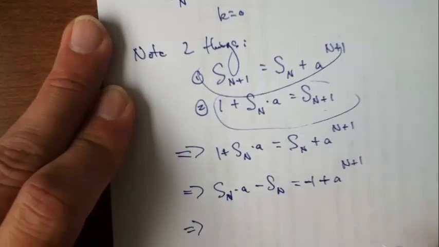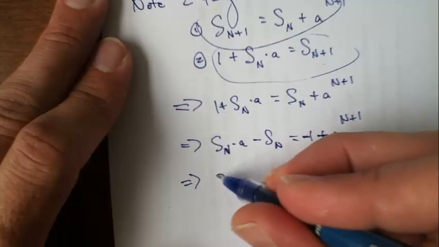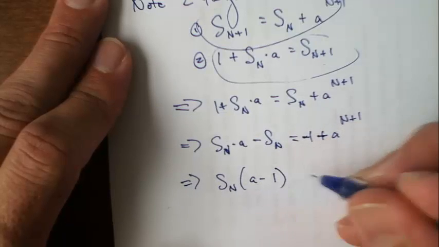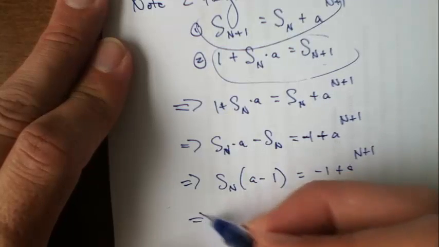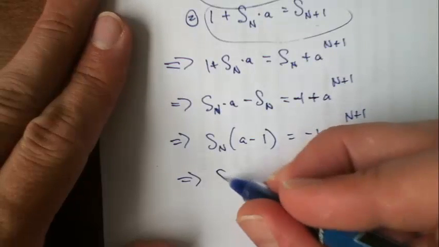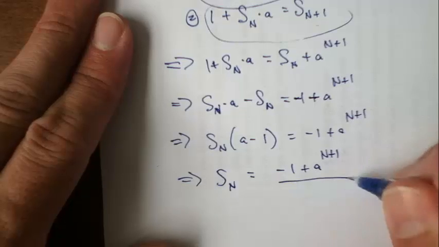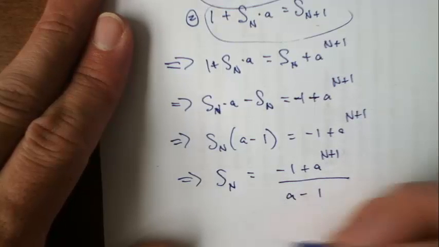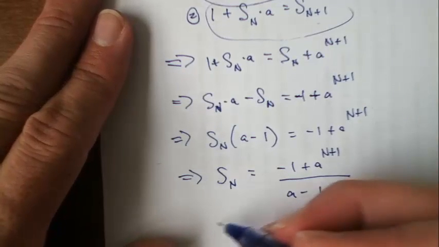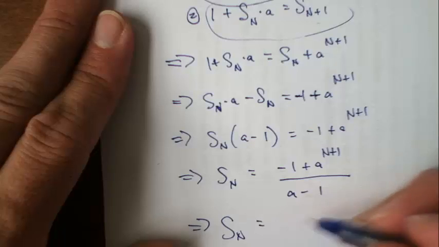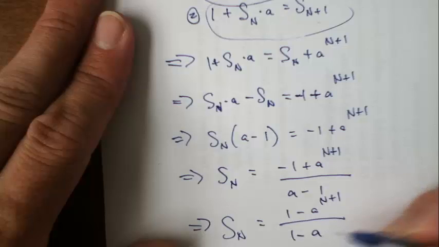Then this implies that S sub n times a minus 1 equals negative 1 plus a to the n plus 1. If I divide through by a minus 1, I get S sub n is negative 1 plus a to the n plus 1 over a minus 1, or multiplying the top and bottom by negative 1, I see that S sub n is in fact 1 minus a to the n plus 1 over 1 minus a, and we're done.